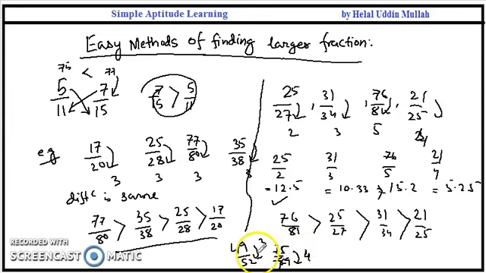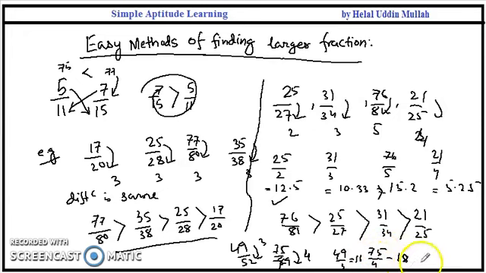Since the differences are not equal, you again cannot say that the fraction which has the greater numerator is the larger fraction. But here we have to do the division again, like 49 by 3 and 75 by 4. So 49 by 3 will be 16 and 75 by 4 will be 18.